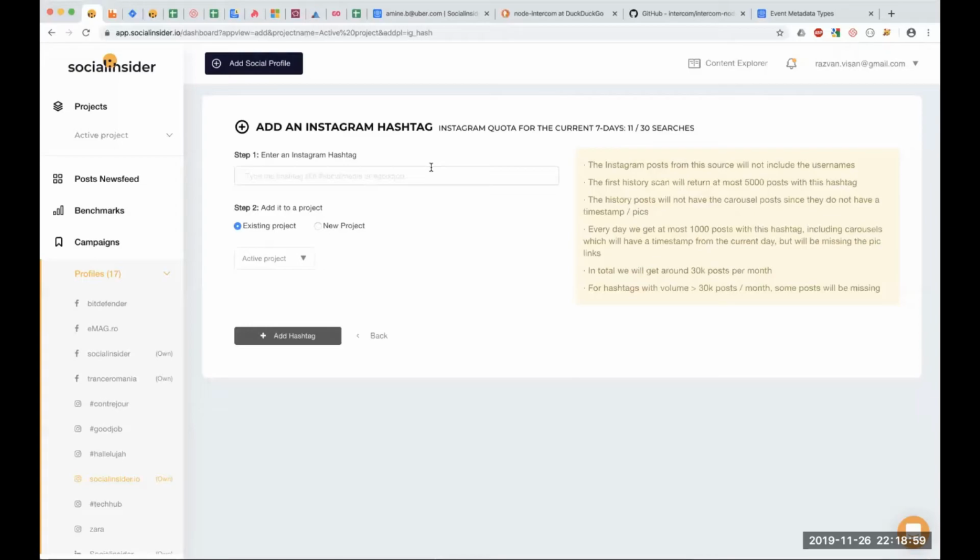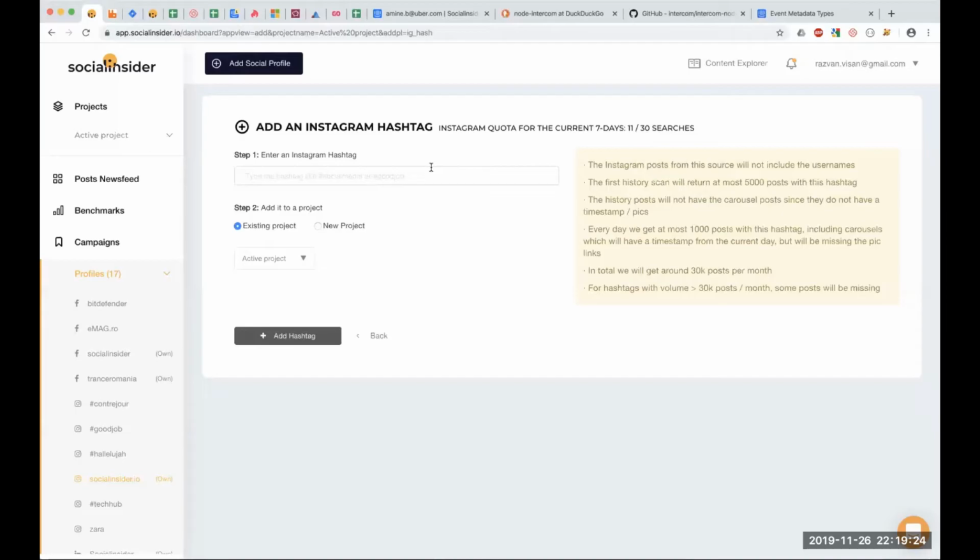We can do that every day from the day you add that hashtag, and we ask, okay, recent media, what were the last posts in the last 24 hours with this hashtag? And top media. In top media, you would get basically a random, not that random because they're sorted by engagement, sample of posts with that given hashtag.